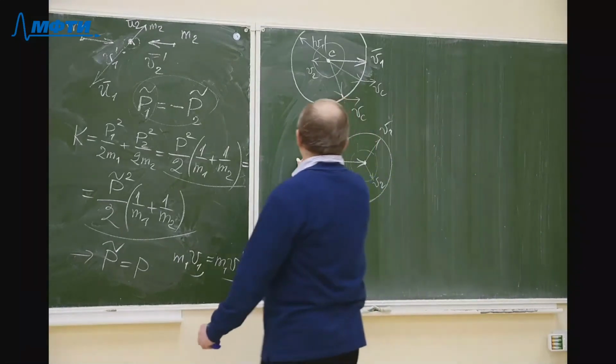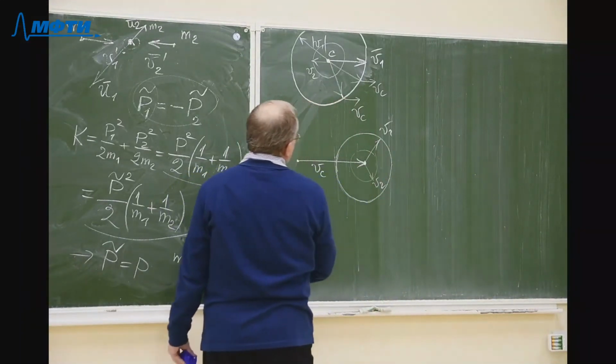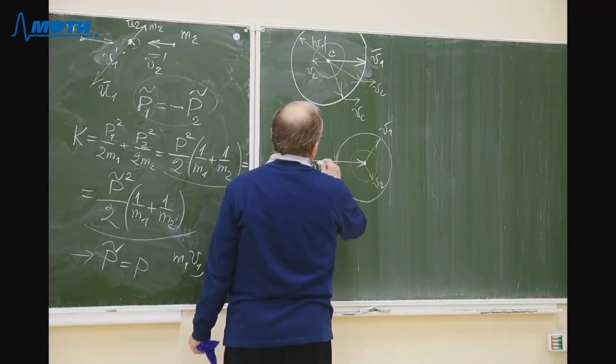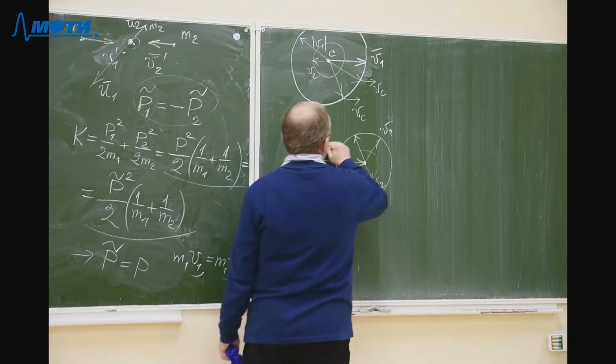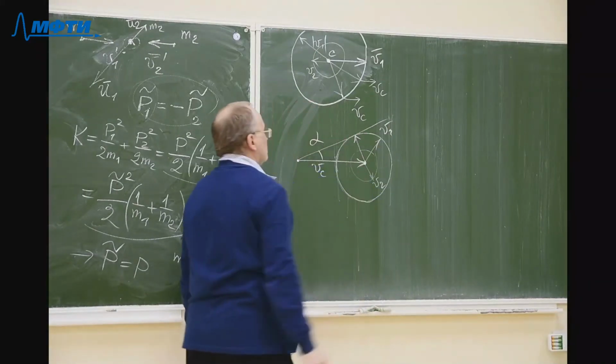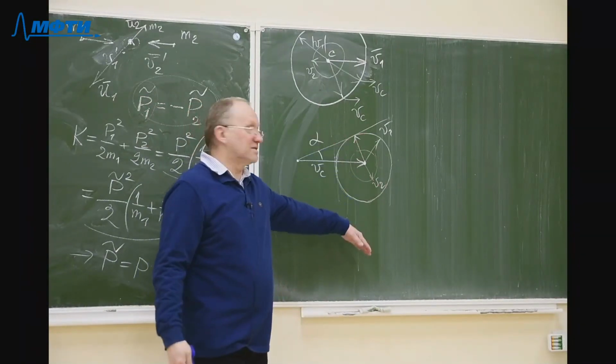So the first particle was moving in some direction, and it may be scattered at some angle alpha, and we see that the maximum possible angle is limited.